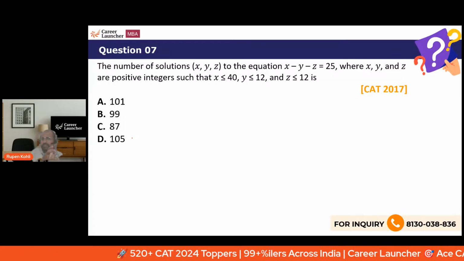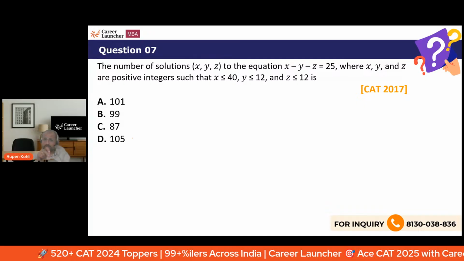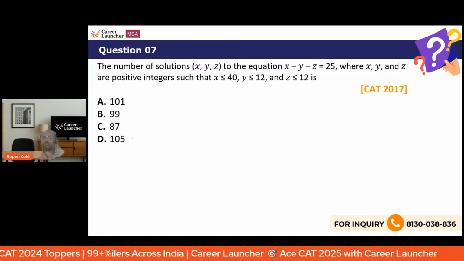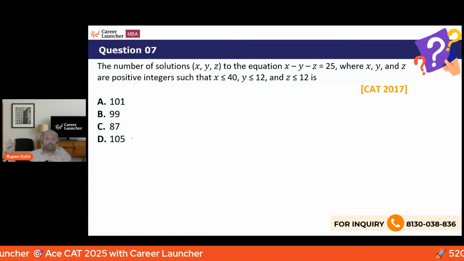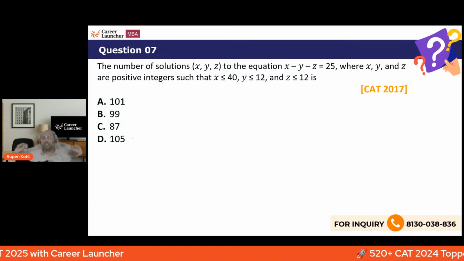A linear equation in three variables, positive integer solutions, with the range of all three variables explicitly mentioned, the upper limit. You have to find all the combinations of the solutions x, y, and z.